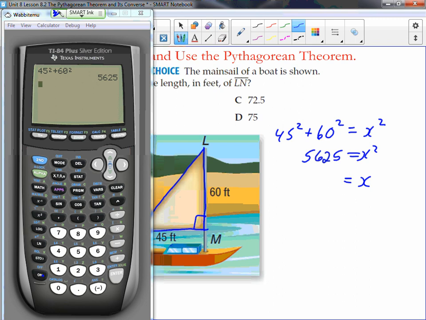So I'm going to need to go ahead and take the square root of that on my calculator, aren't I? Okay? So I'll take the square root of the last answer and get 75. So the answer is D.